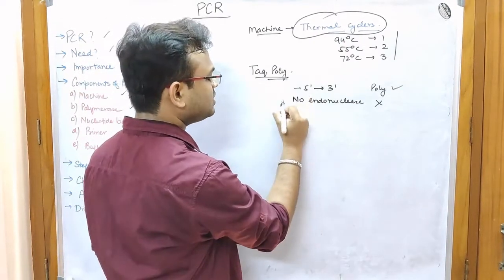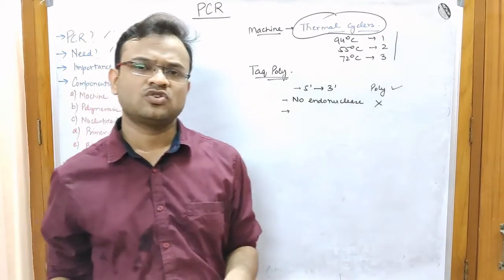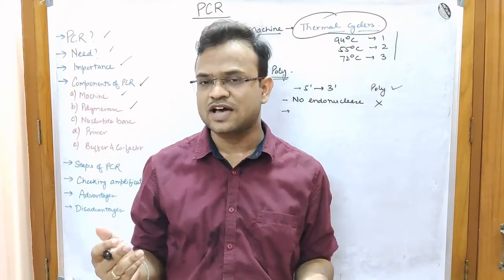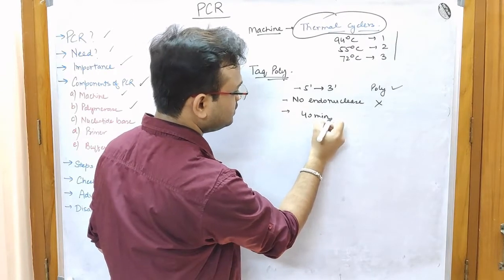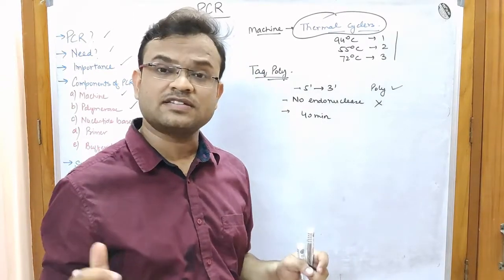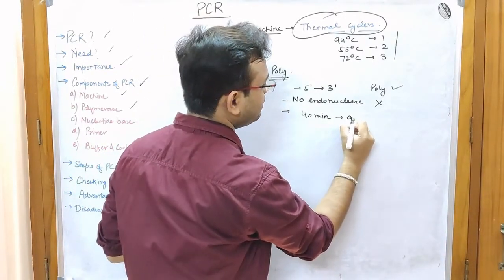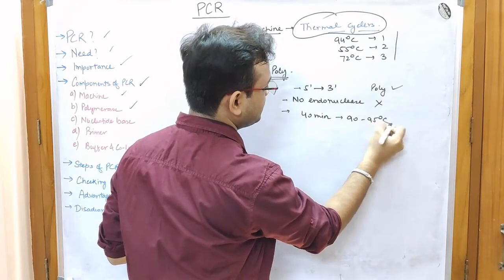Now let us understand the stability of Taq polymerase. Researchers have shown that for around 40 minutes, this Taq polymerase can remain stable at 90 to 95 degrees centigrade.